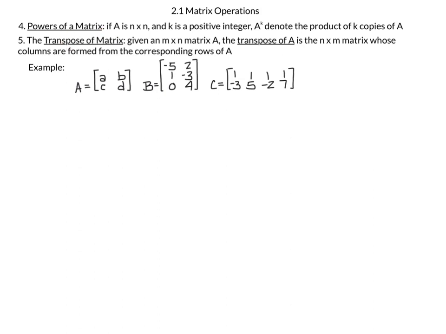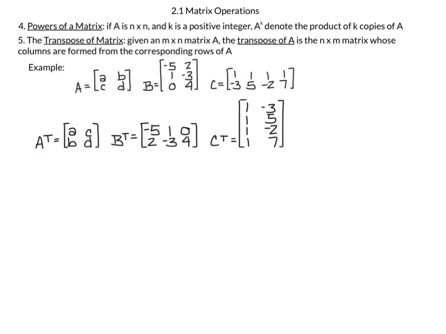If A is equal to [a, b; c, d], and B is equal to [-5, 1; 0, 2; -3, 4], and C is equal to [1, -3, 1, 5; 1, -2, 1, 7]. So the definition says to make A transpose, we're going to form the columns from the corresponding rows of A. So the first row is a, b, so now that's going to be my first column.